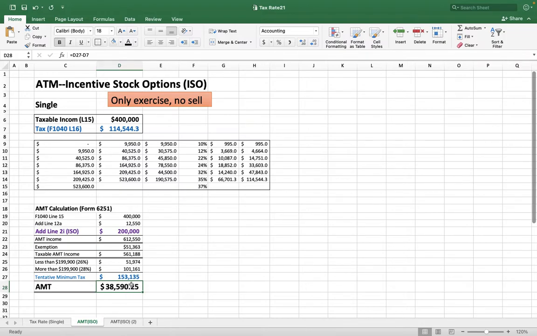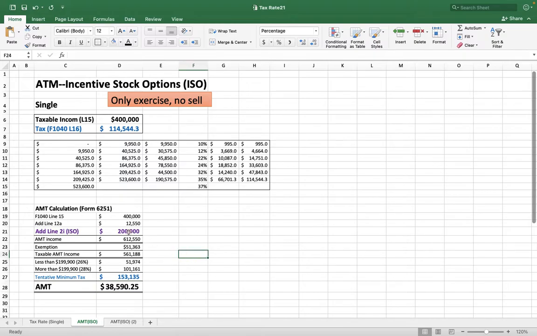That's why you should consider the alternative minimum tax when you decide to exercise your ISO and you do not sell in that year. You may get hit with extra AMT tax.